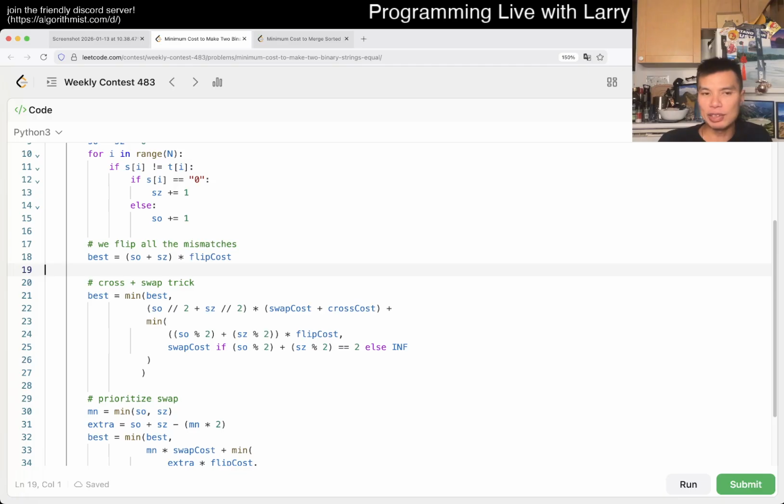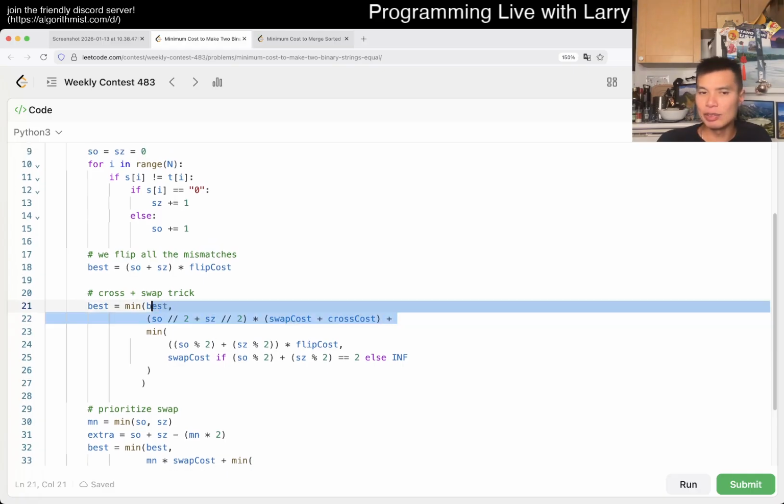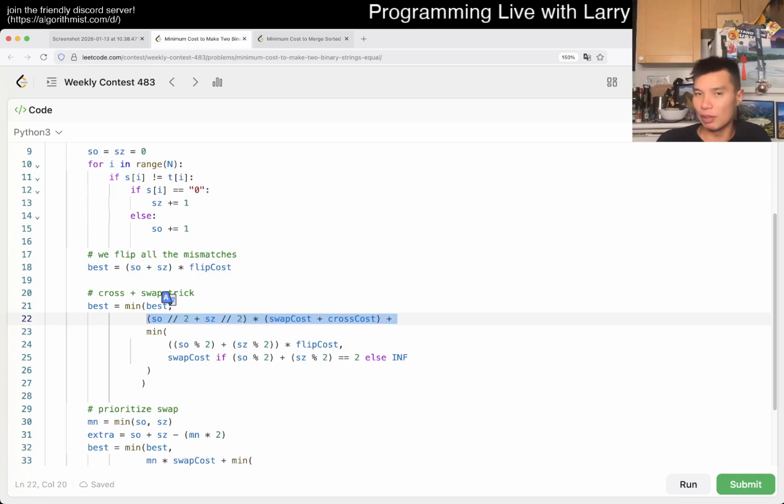The next one is doing the cross swap trick that we talked about, right? So for every 2, for example, if you have 2 ones, then now you could get rid of them by using the swap cross. Or technically you do the cross and then you do the swap, but yeah. So for each pair of 1s and then pairs of 0s, of course, after you do this, you might have leftovers, right?